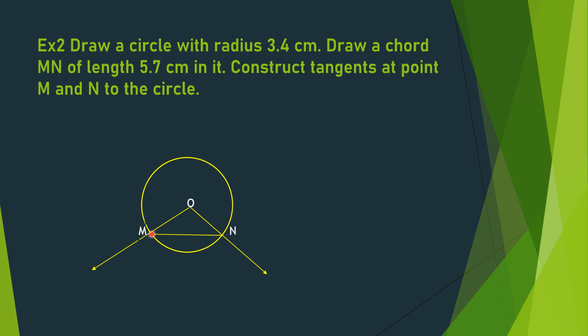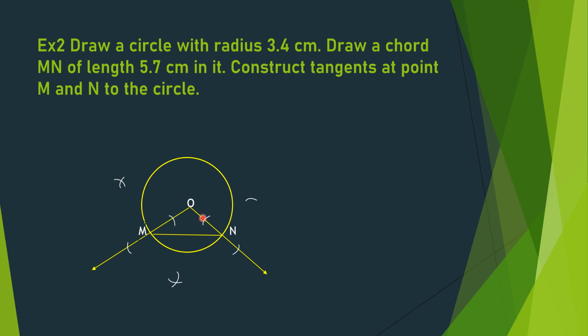Now let's draw a tangent from point M. With the help of the compass, draw an arc with a suitable distance from point M. Also with the same distance you can draw an arc from point N. Then take a distance between these two arcs, and from these two arcs, draw two intersecting arcs.